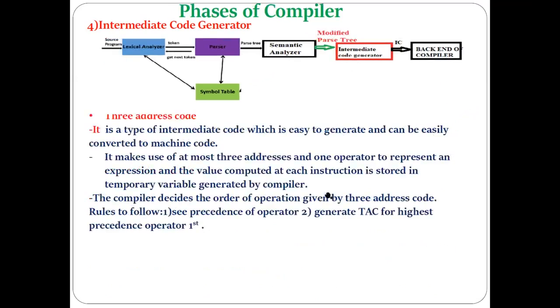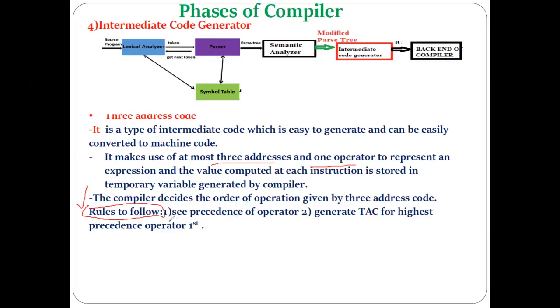Now let's see some more details regarding the three address code. I hope all of you understood what exactly the three address code is, and why it is called TAC, because it contains at most three addresses and one operator. Understood? So when the three address code has to be generated, there are some rules we have to follow.